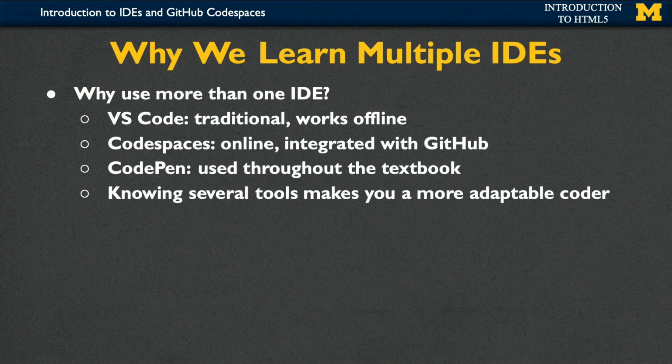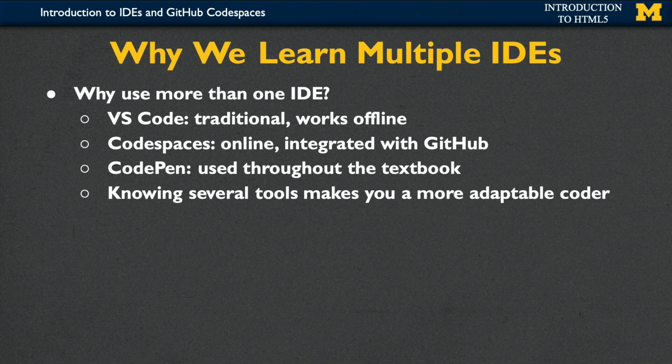Finally, let's talk about why I'm showing you more than one editor in this course. We started with Visual Studio Code because that's the traditional workflow many professional developers use. Today, I'm introducing Codespaces, which is online, because it's integrated with GitHub and which makes it incredibly convenient for building and sharing websites.